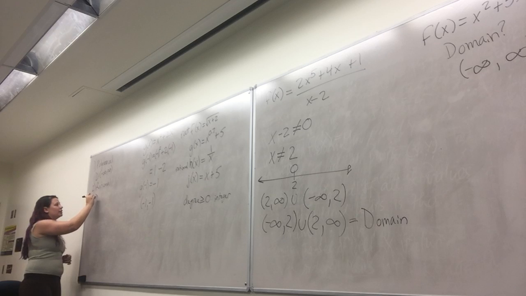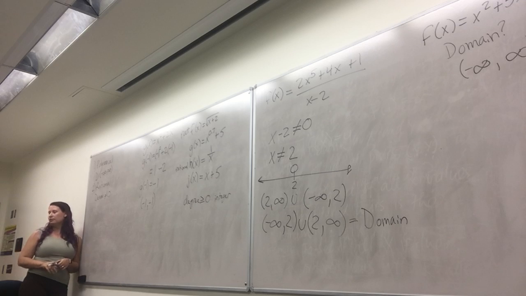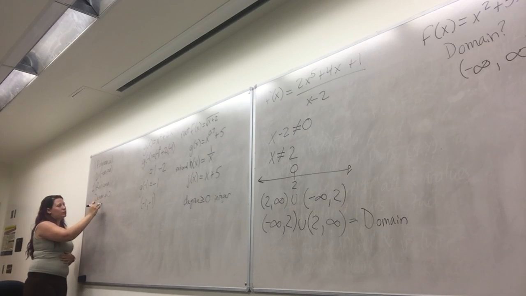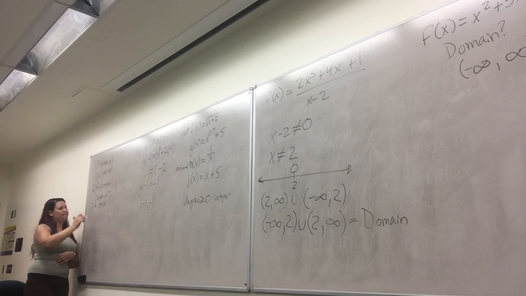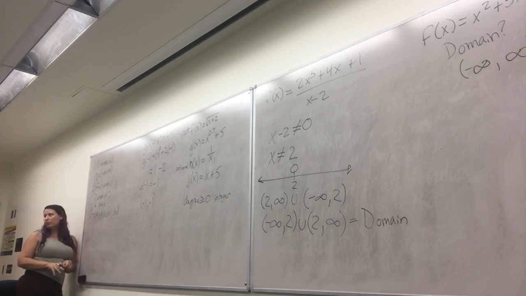So set the denominator equal to 0, and that's bad, right? So it can't equal 0, essentially, is what we're saying. So whatever that value is, i.e. x equals a, just like we did on the other one, that would be negative infinity to whatever that value is, and then a to infinity joined up, right?